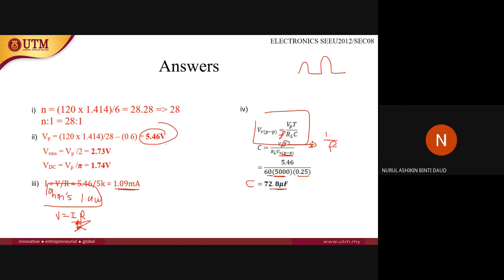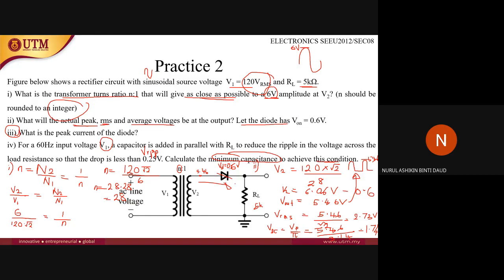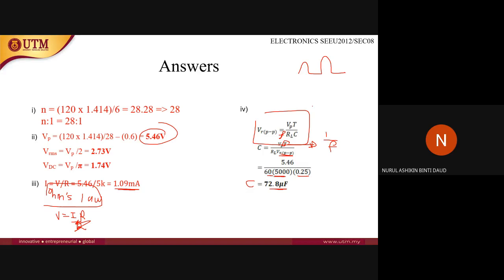For the bridge, the waveform that comes out will be like this, so there are going to be 2 pulses and the frequency will be times 2. But for the half wave, the output waveform looks like this, so it will be 1 over only one cycle, 1 over 60 only.